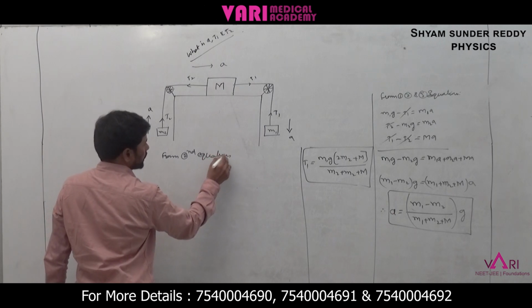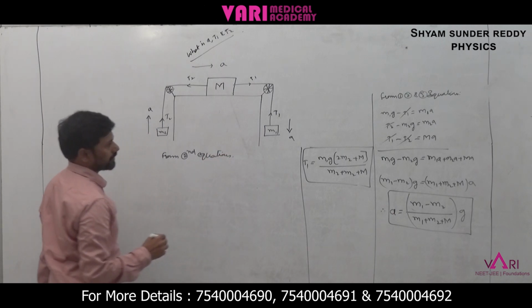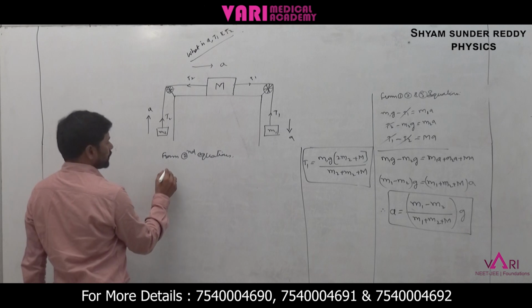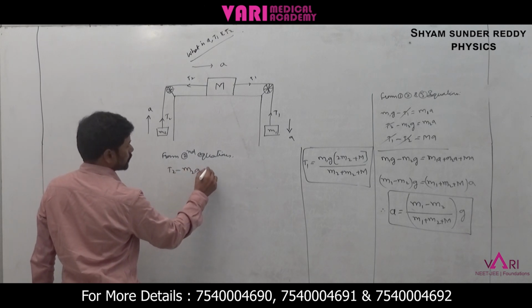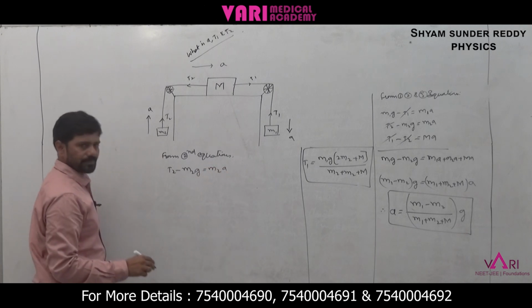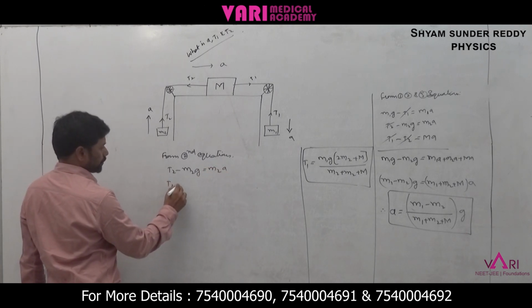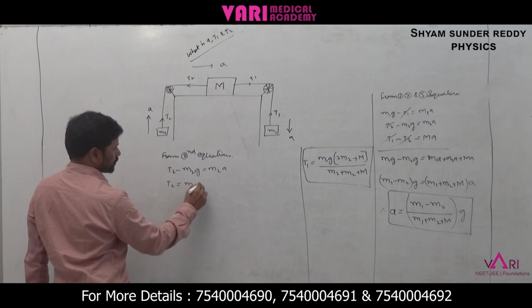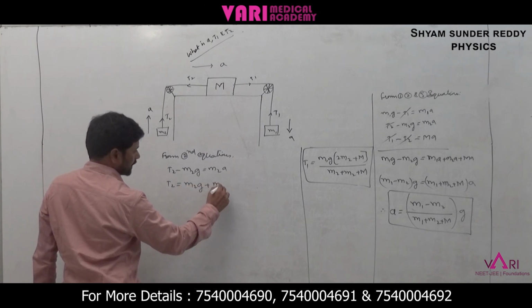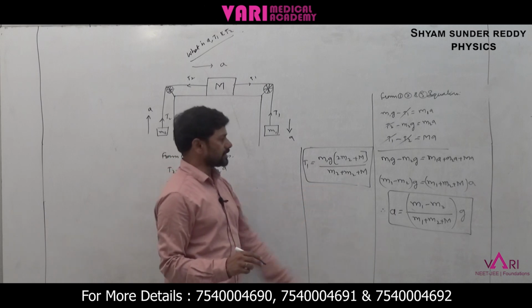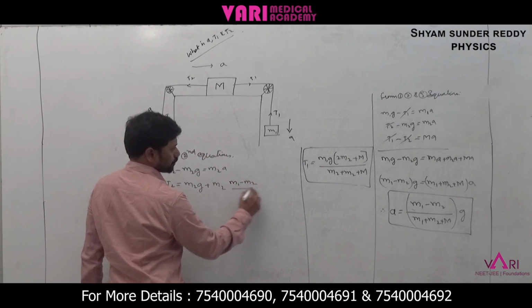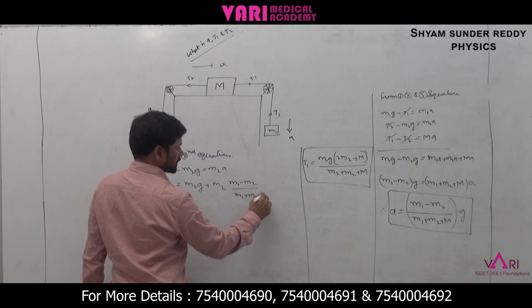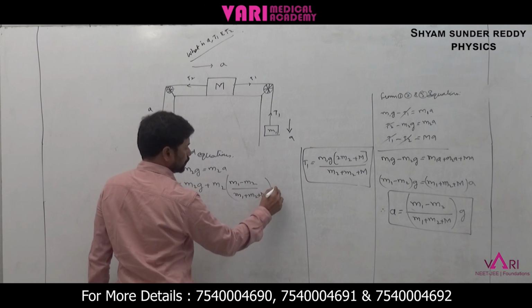In the third equation we would need to substitute the two values, so here one is enough. T2 minus m2g is equal to m2a. So T2 is equal to m2g plus m2 into A, which is (m1 minus m2) by (m1 plus m2 plus M) into g.